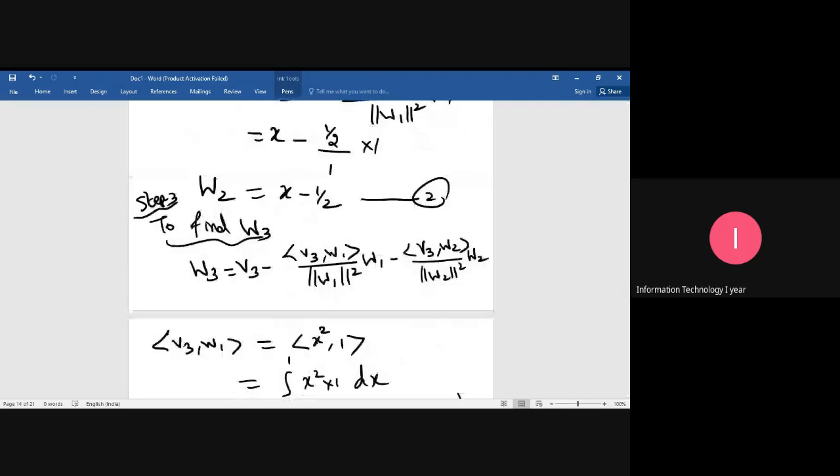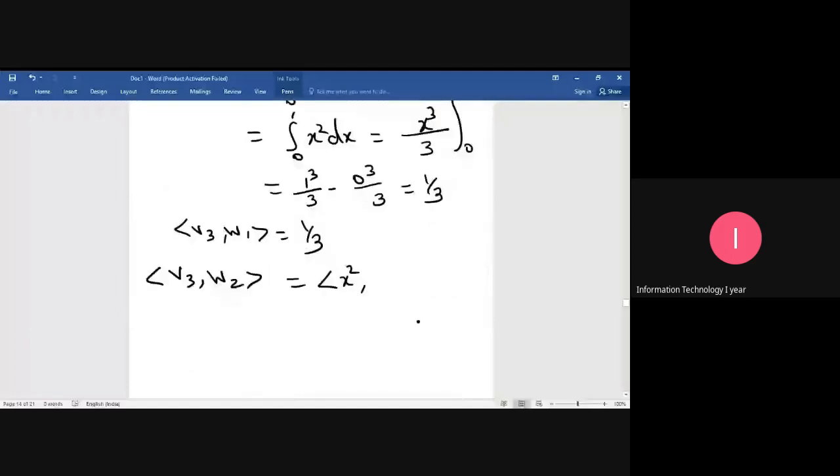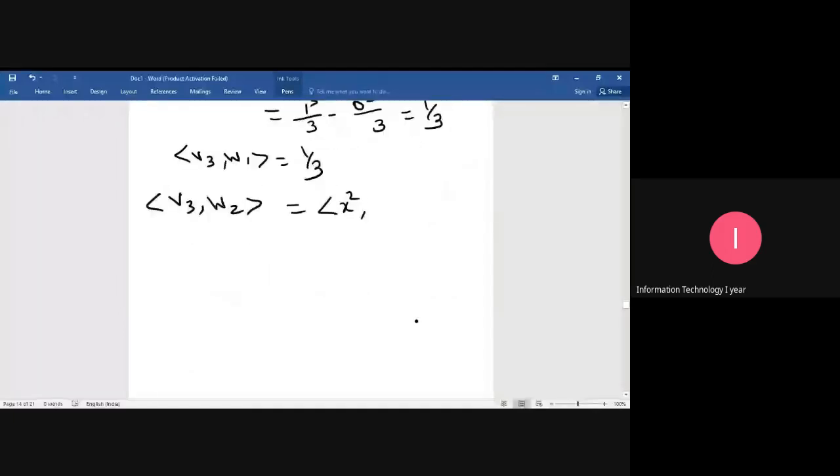Substituting, x square into x minus 1 by 2, so this is the integral from 0 to 1 of f of x into g of x dx, that is x square into x minus 1 by 2 into dx.